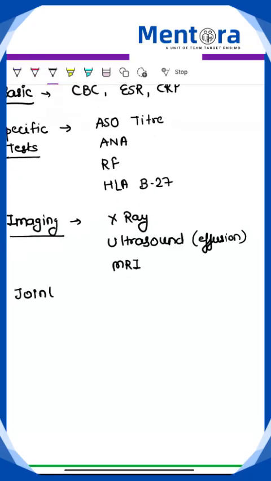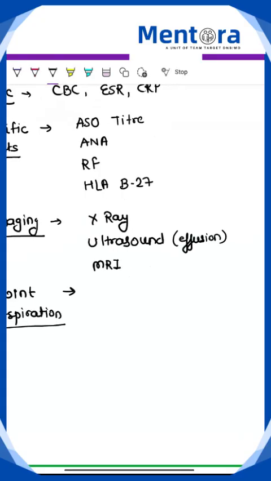If you have done joint aspiration, then send gram stain, culture, and cell count.